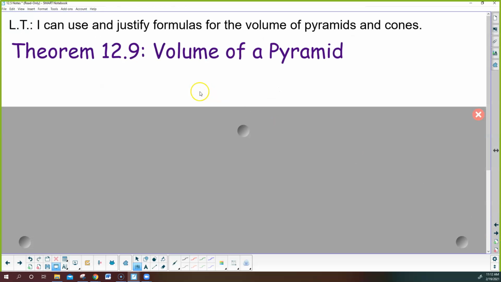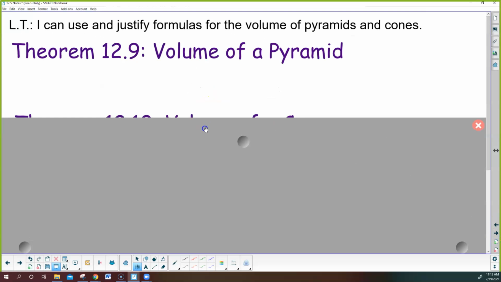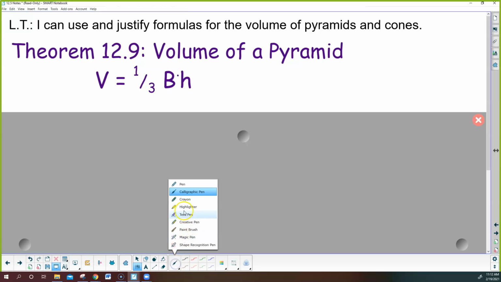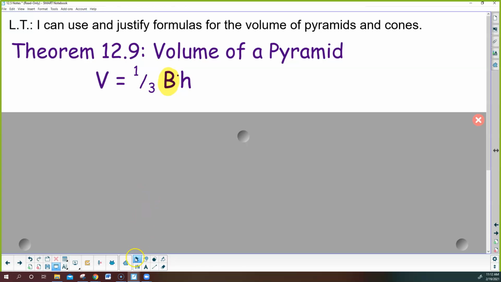Okay, what I would like you to write down is right here. The volume of a pyramid. And we just kind of talked about it. The important part that you understand here is you know where the 1/3 came from, but that capital B, we just have to remember that capital B stands for the area of the base.